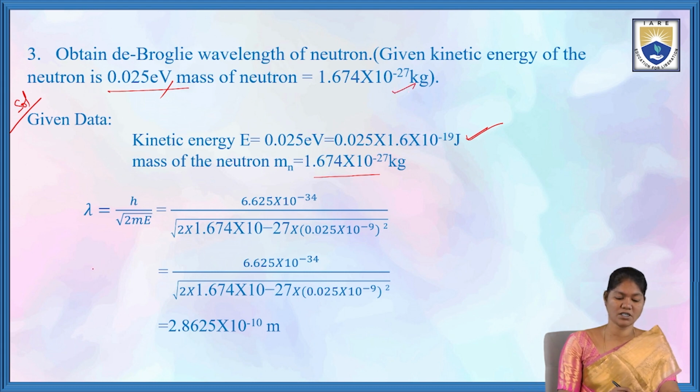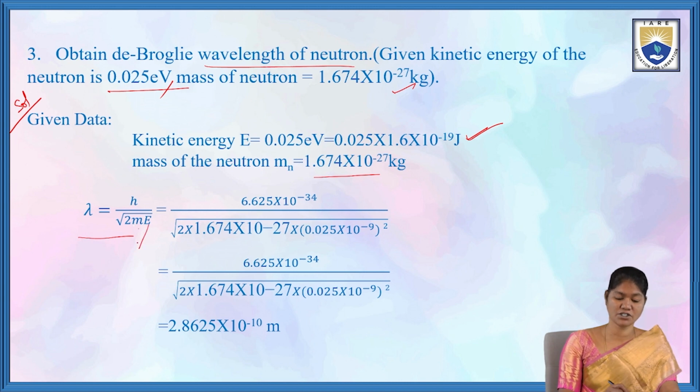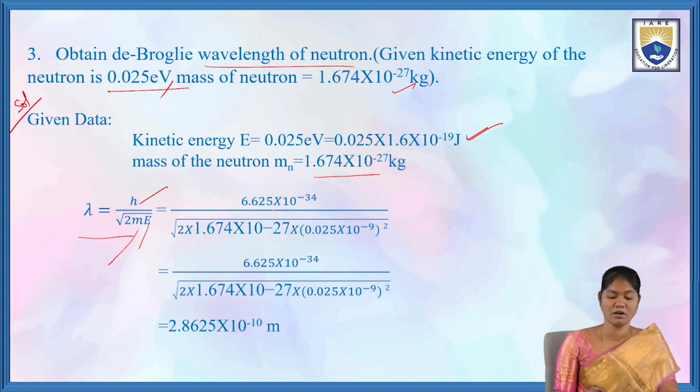The formula I'm using here is lambda equals h by root 2mE. We need to calculate the de Broglie wavelength of the neutron. Here we know the energy, we know the mass, and we know Planck's constant. So let's substitute: 6.625 into 10 power minus 34 divided by root of 2 into 1.674 into 10 power minus 27 into 0.025 into 10 power minus 9, whole square.